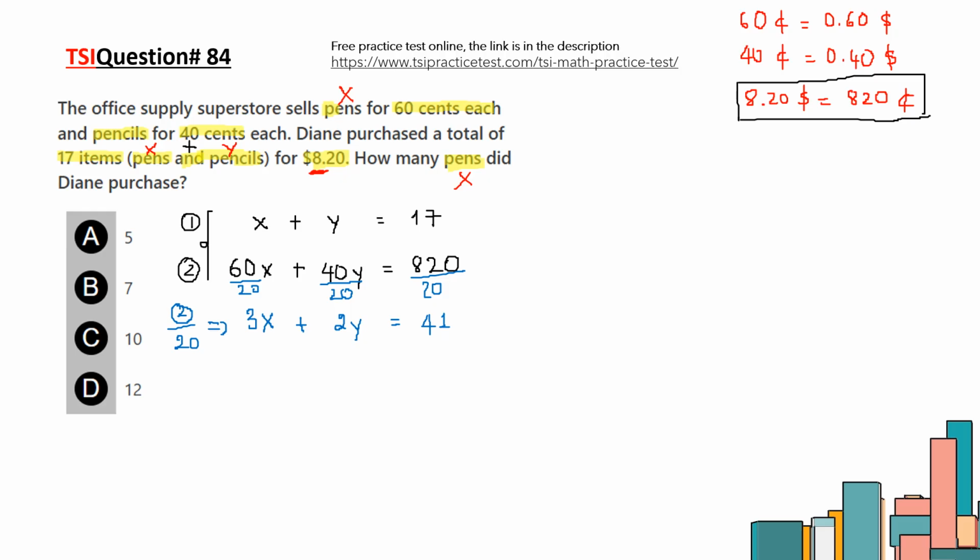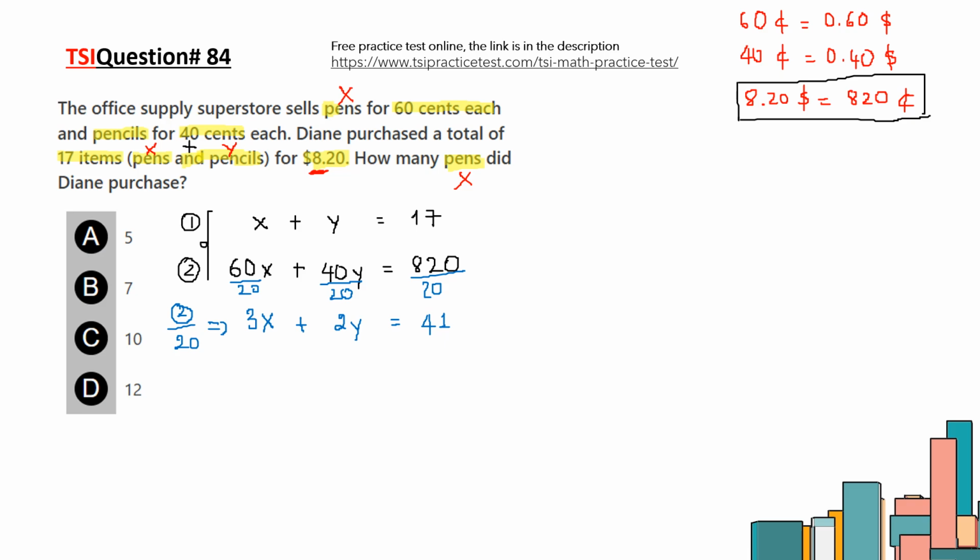Then you drop the 0, so 20 divided by 20 is 1, so it's 41. That is my new second equation.